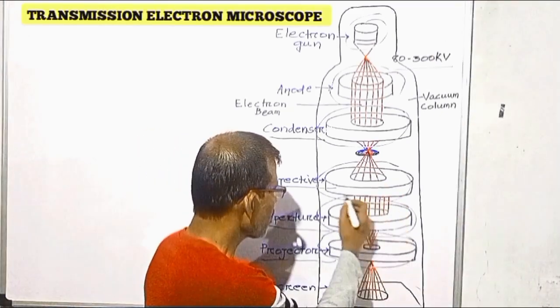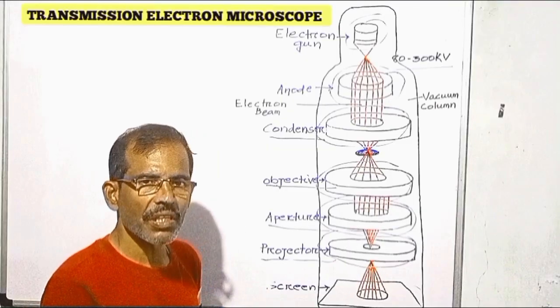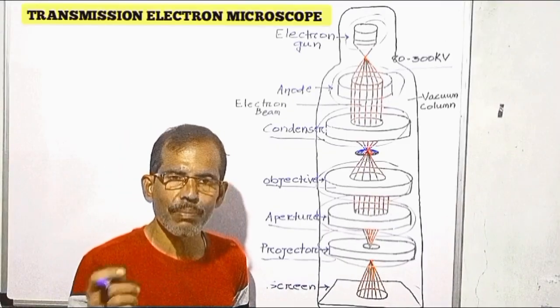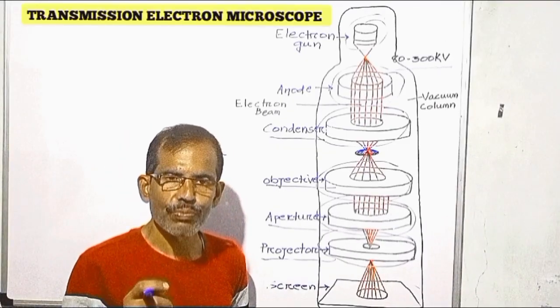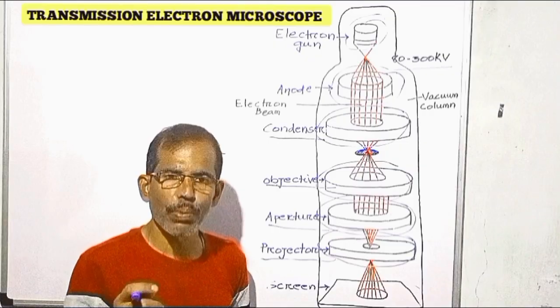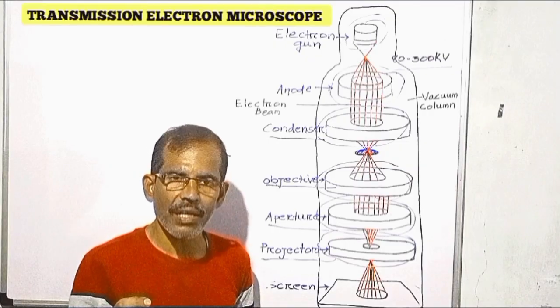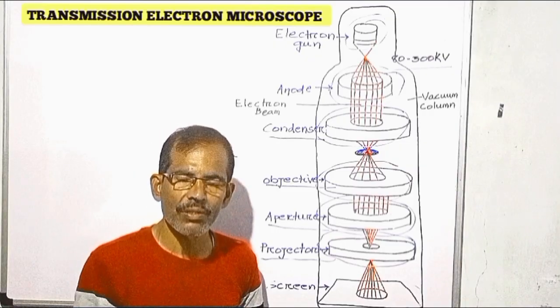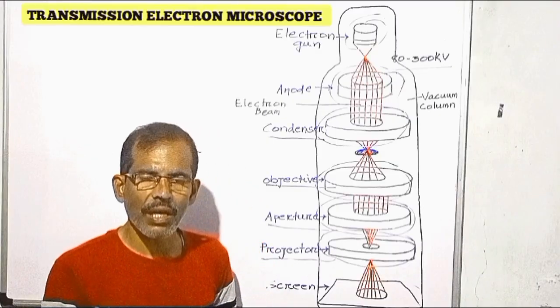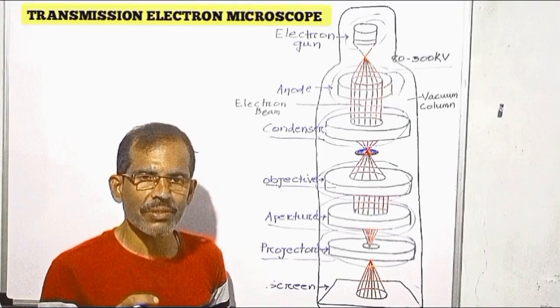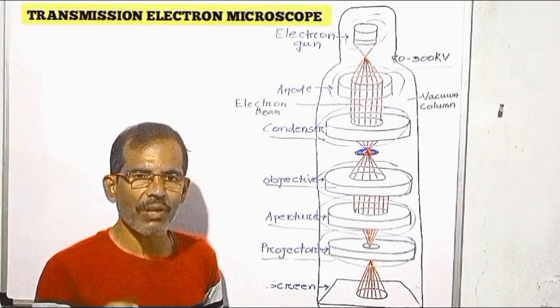The function of the aperture, which is a precisely drilled metal disc, is to physically block stray, scattered and off-axis electrons, thereby controlling the electron beam and enhancing the image contrast.